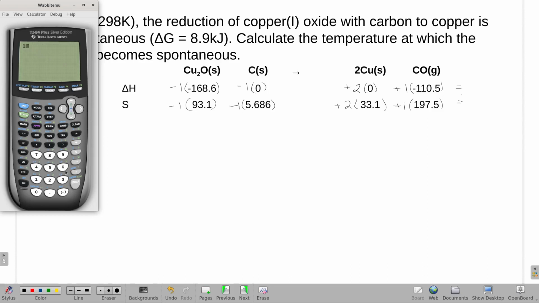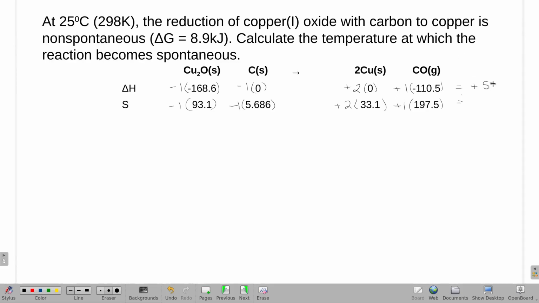So I have 168.6, because those negatives cancel out, minus, because that's going to cancel out, 110.5, and we end up with the delta H of positive 58.1 kilojoules per mole.